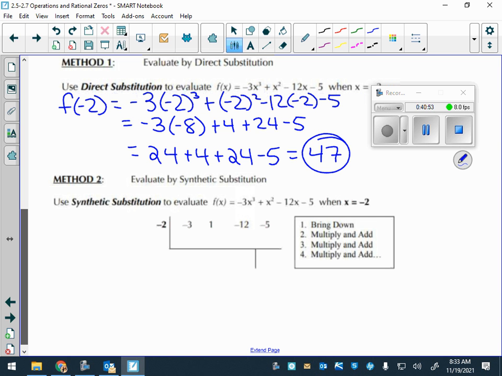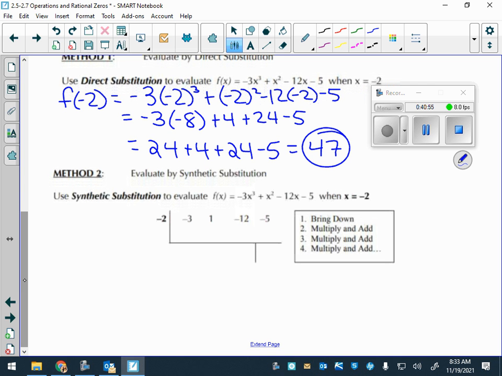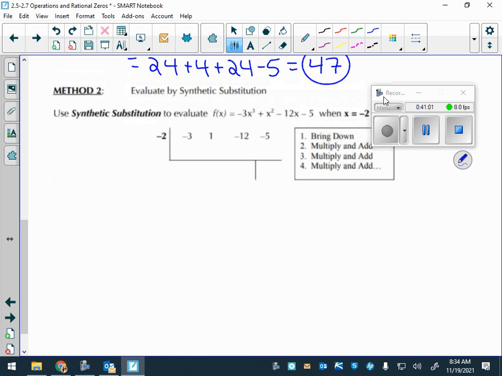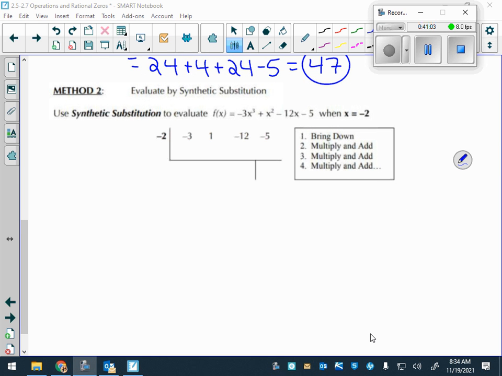It's called synthetic substitution. This is going to look very similar to when we get to division, where we are using synthetic substitution. So using the same problem above, we start with whatever x is equal to, negative 2.